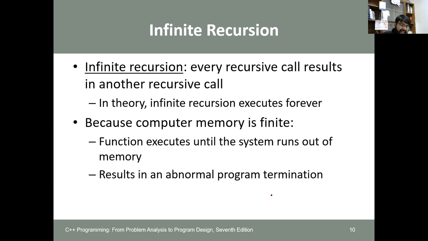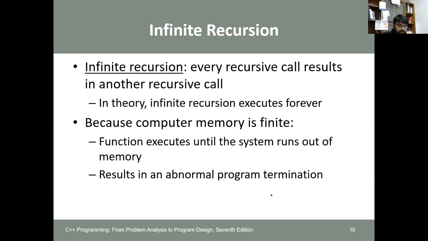Like I said, 9 factorial results in 8 factorial, 8 factorial results in 7 factorial, and so on, right? So if there is no base case present, if you don't know the answer to the base case and that is not present, then infinite recursion will continue to execute and will basically go on forever, because we can go on till negative infinity for the factorial problem.